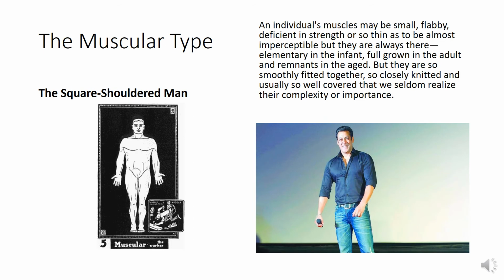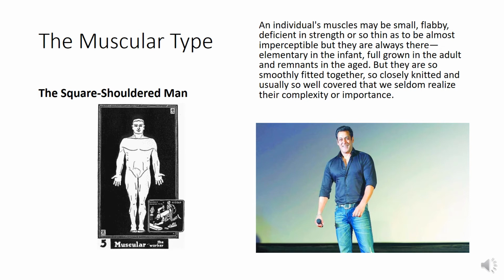Now next we go to the muscular type. These people, as the name suggests, have more muscle mass, and they will be the square-shouldered man or woman. They don't have to be like Salman Khan here, full of muscles, but definitely they'll have more muscle than fat or bones.